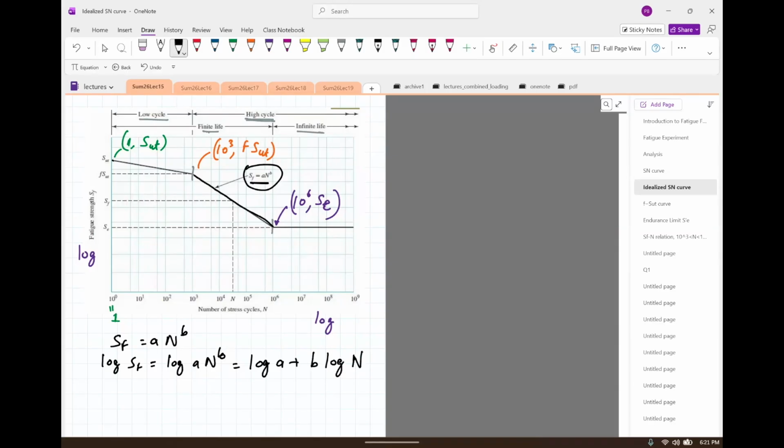This is the formula for log expansion. So we'll call this y. That's the y-axis. In fact, this is log, as I said, log S f, and this is log n. This is some constant, called c, and then this is b times log n, this is x. Okay, so this is x, this is y.